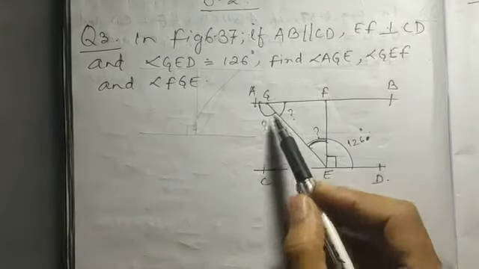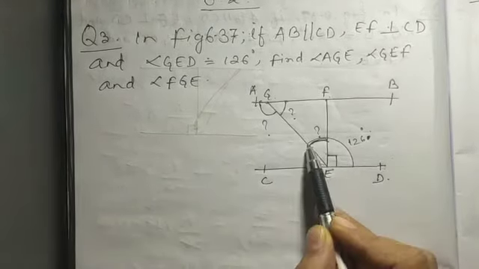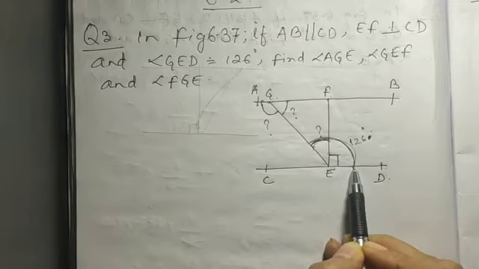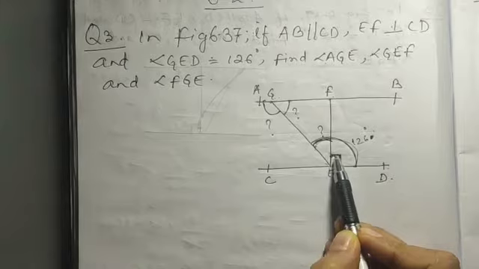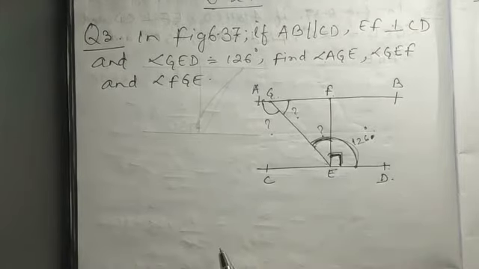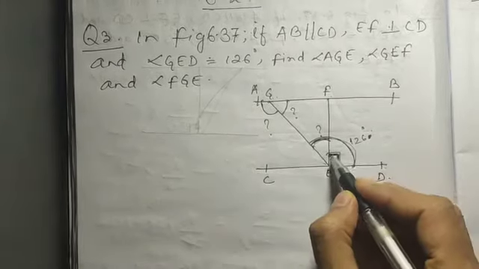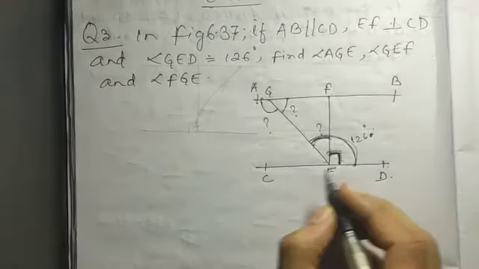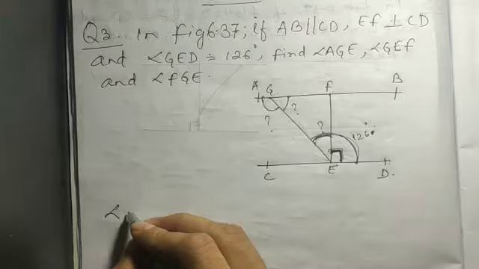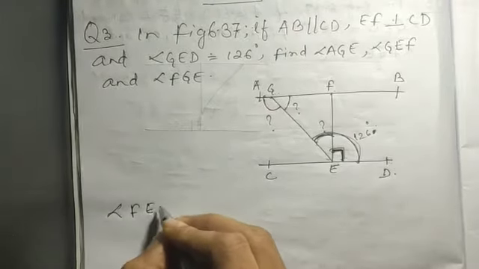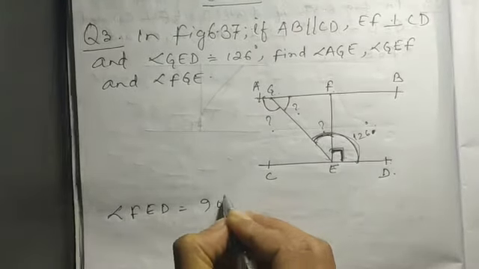We can see here that angle GED is given as 126, and EF is given perpendicular, that means 90 degrees. So since this is 90 degrees, angle FED is equal to 90 degrees.